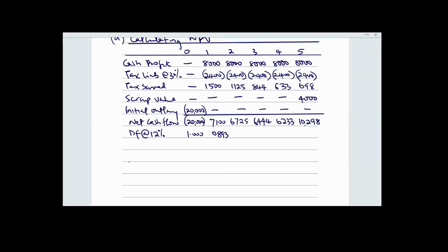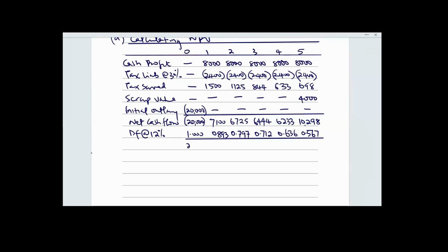Year 2 is 0.797, year 3 is 0.712, year 4 is 0.636, and year 5 is 0.567.